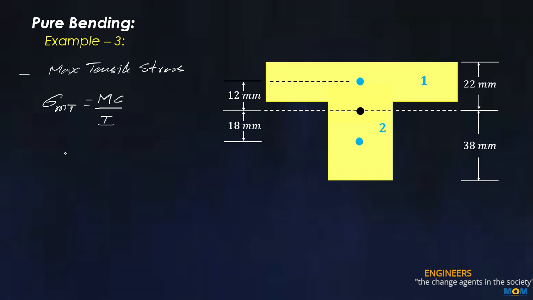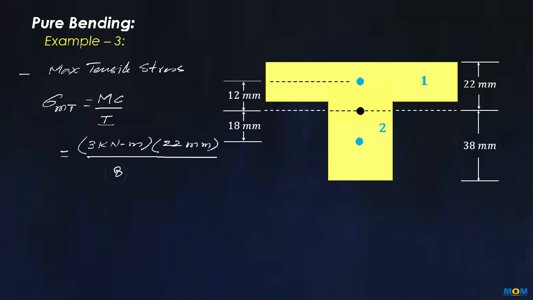So with this M, that is 3 kilonewton meter, that is given, C from the centroid towards the top, the maximum distance, that is 22 millimeter, upon the moment of inertia we have just calculated, that is 868 into 10 raised power minus 9 meter 4.